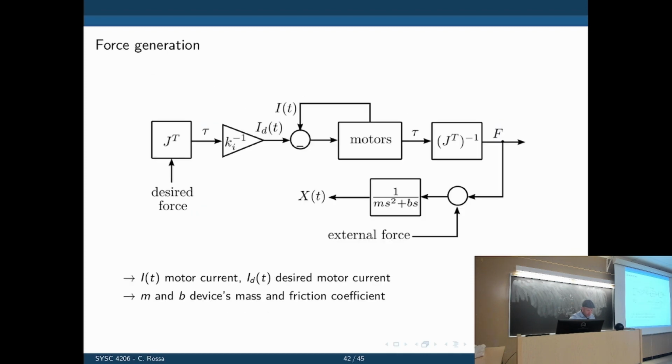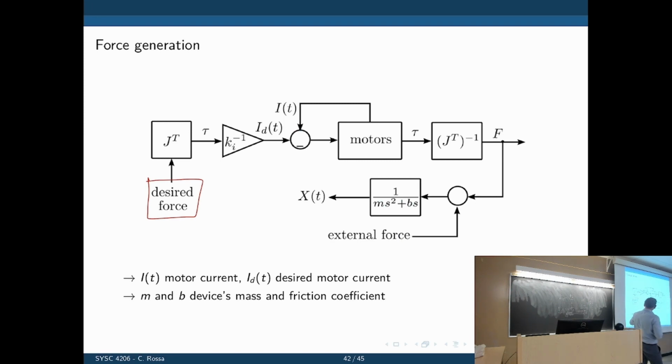Okay, let's go back to this, because this is really where all the information is. And then you're done. Let me recap this one more time. We have a desired force that comes from a virtual environment, or from a remote environment through force measurement or through position control.